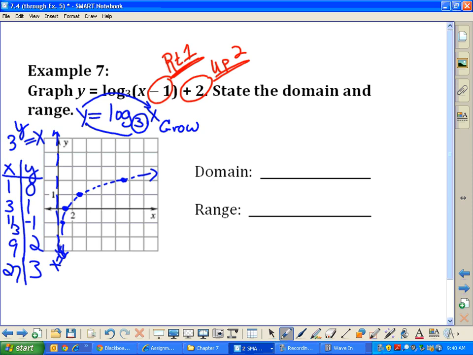For instance, if I move the point (1, 0) to the right 1 and up 2, it moves to the point (2, 2). Then if I move (3, 1) to the right 1 and up 2, this goes up there. (1/3, -1) to the right 1 and up 2 goes here.